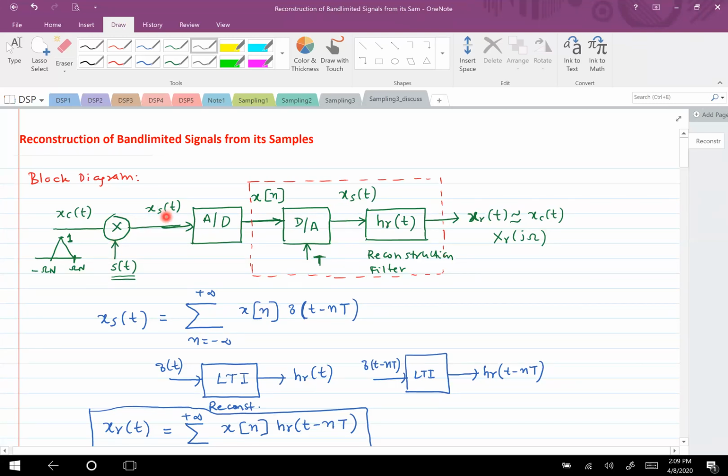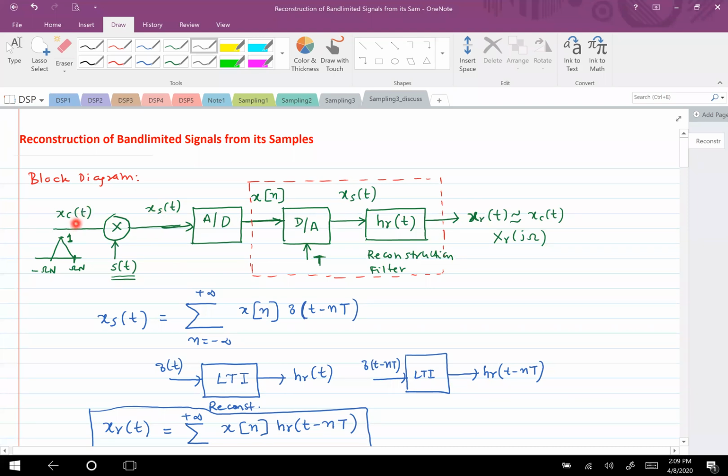Then, moving from xs of t to x of n is mathematically equivalent to changing its x-axis by a factor of T. This further introduces a normalizing factor, as the frequencies are normalized by T. Those two derivations give the relationship between the DTFT of x of n and the CTFT of xs of t.